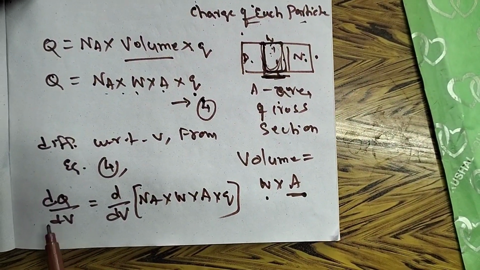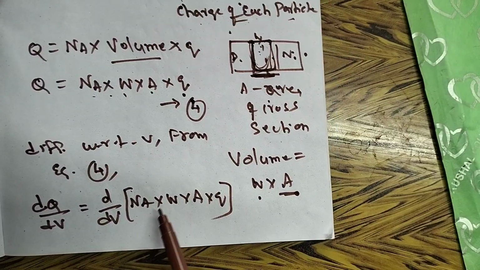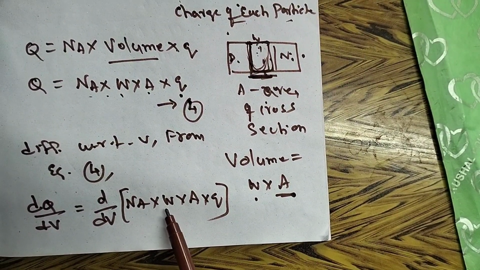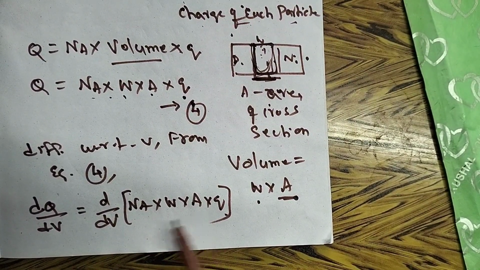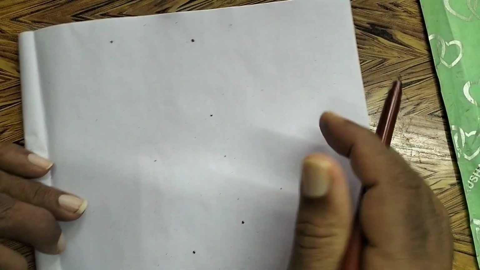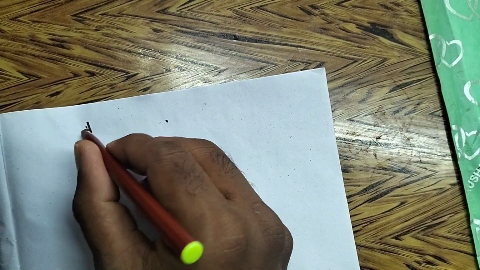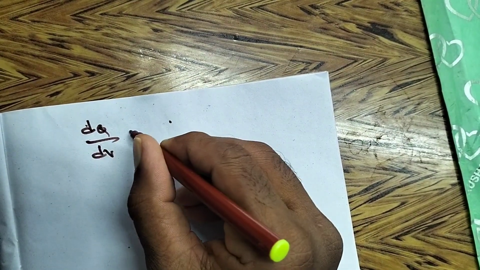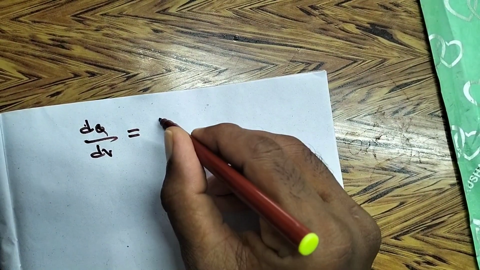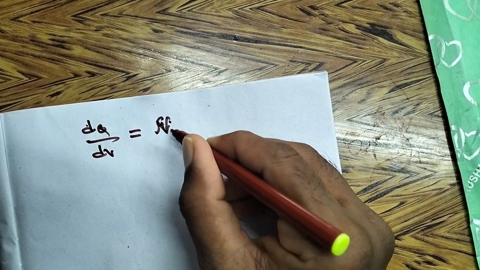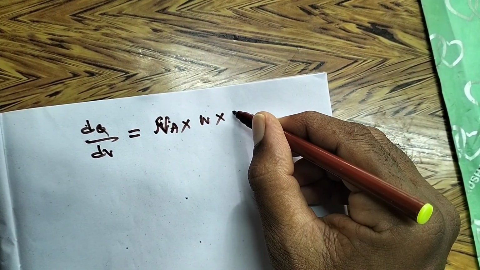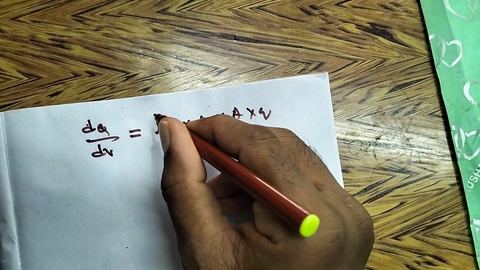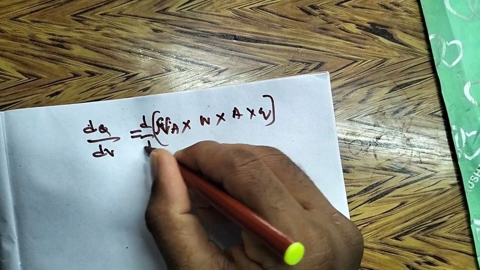So this is the equation: dq by dV equal to d by dV of Q, Na into W into A into Q. Now I am going to differentiate with respect to V in this equation. So what does the expression become? dq by dV equal to Na into W into A into Q, d by dV.